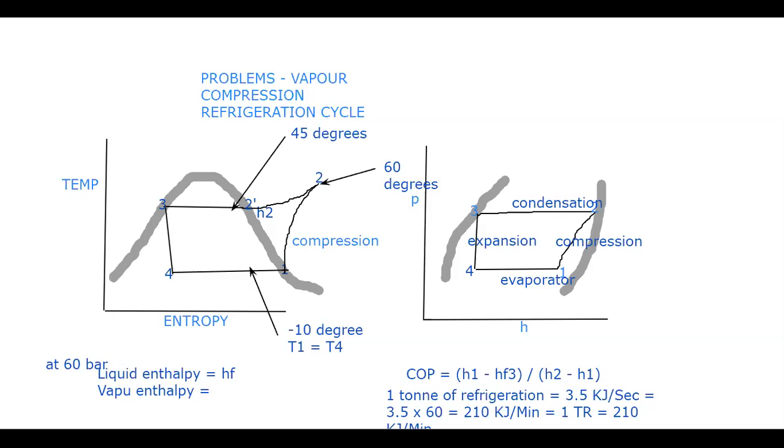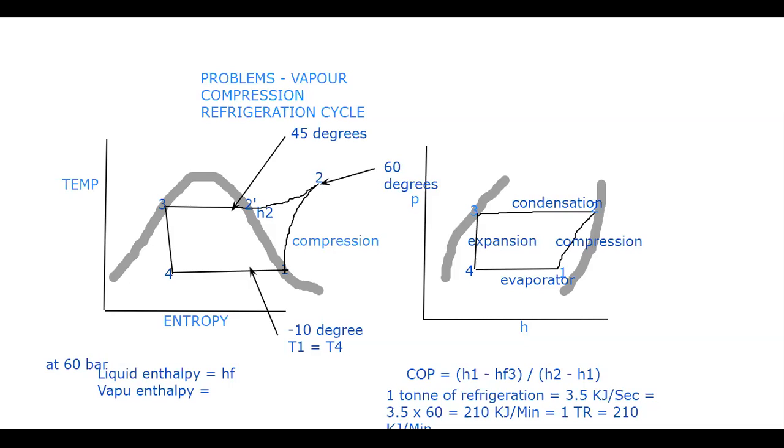Similarly, HG1 is 460.7. Okay, so here I have written down all the things. HF1 is 45.4. HF3 is 133. H1 is 460.7.